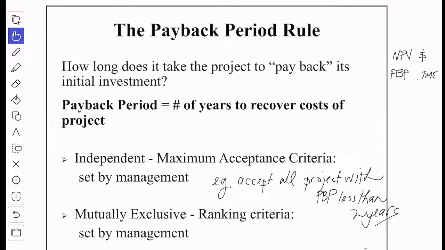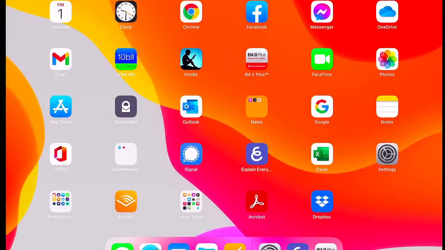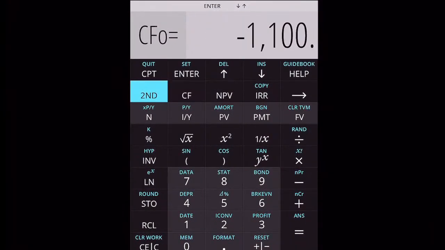Ruben, would you like me to do that NPV again? So here, for this problem, I entered the values into CF, and I entered the initial cash flow, the 500, 700, negative 500, and 1,200.